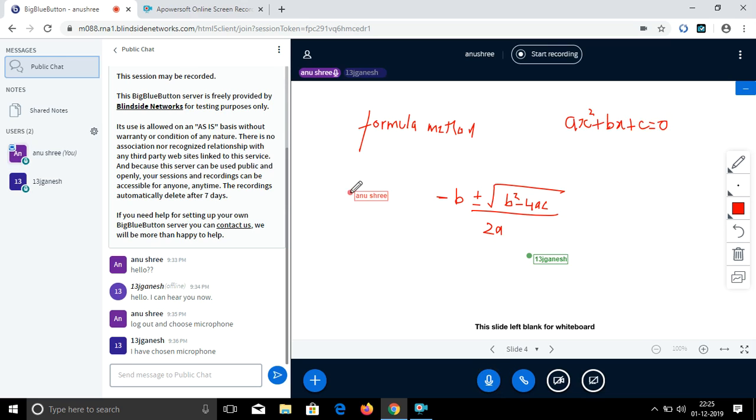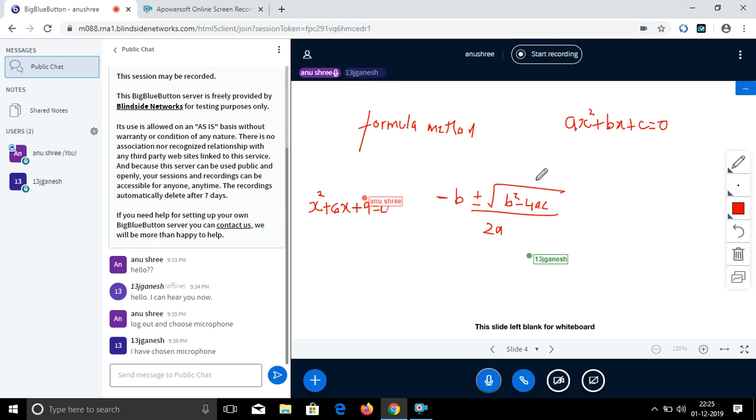So suppose your equation is x squared plus say 6x plus 9 equals 0.